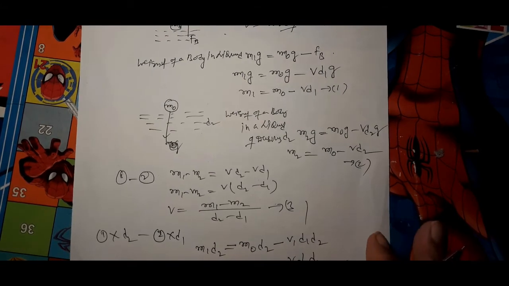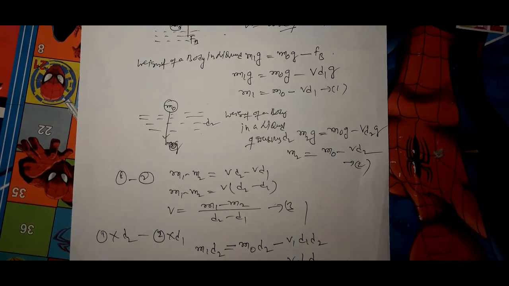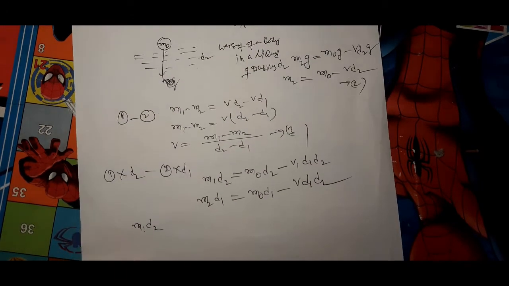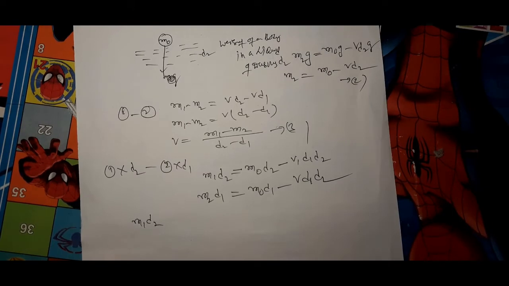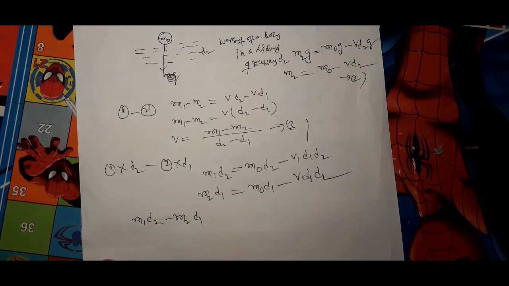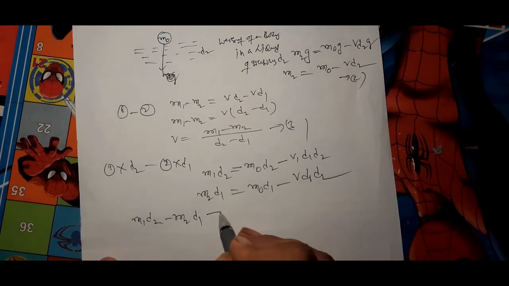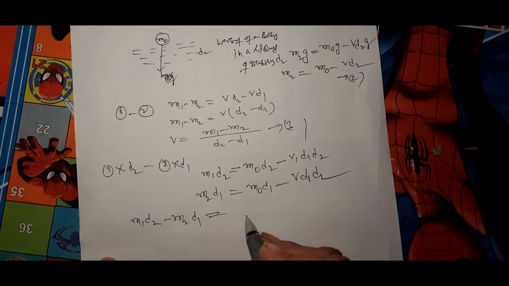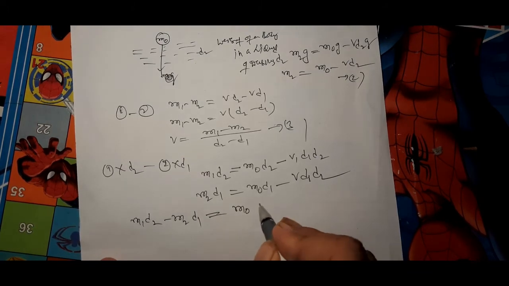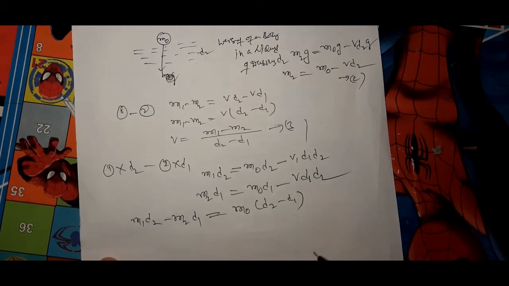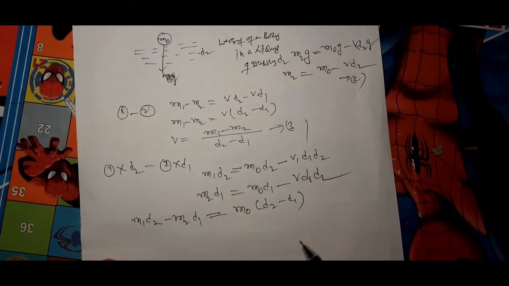Now subtract these equations. So m1 d2 minus m2 d1 is equal to m0 into d2 minus d1.